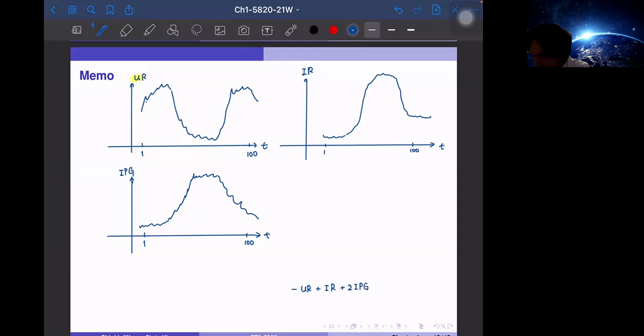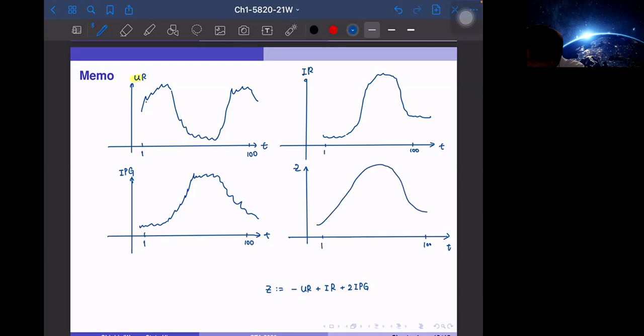Then we can get this variable, maybe Y is not good, so Z. If we define Z as this variable, then this is a more reliable business indicator. Z may be an even smoother curve than this, from 1 to 100, like this.